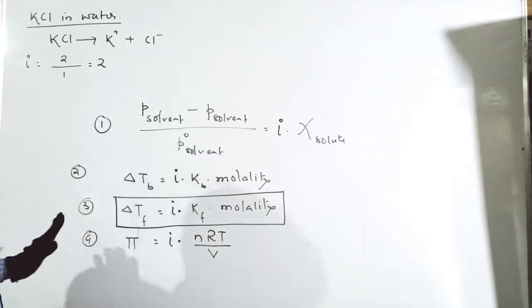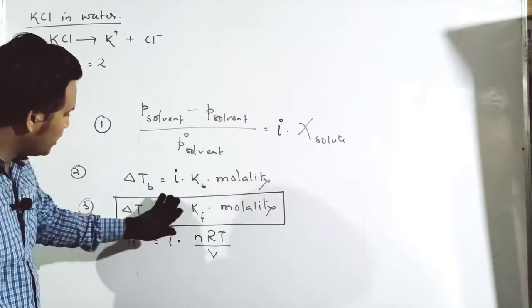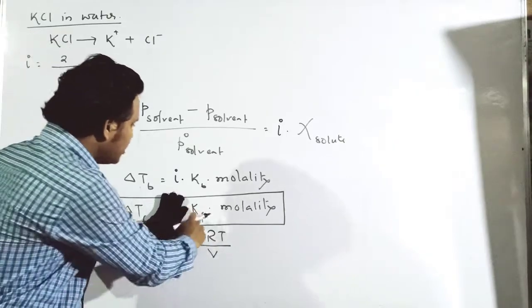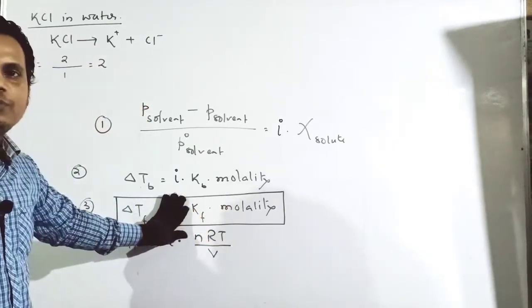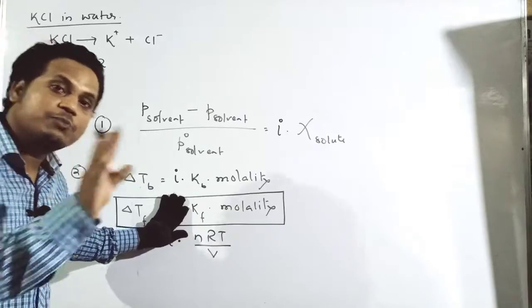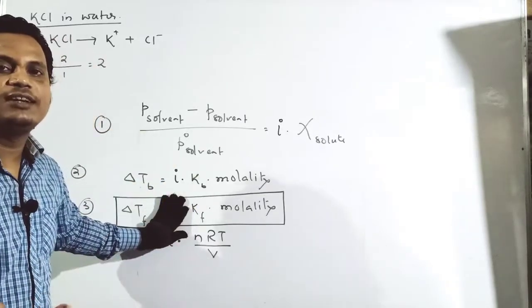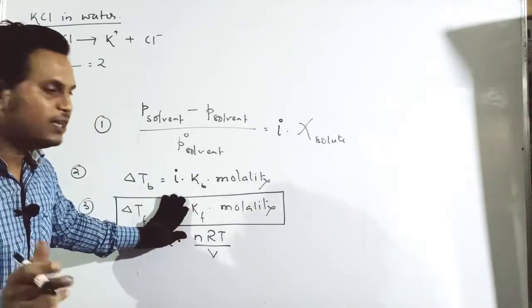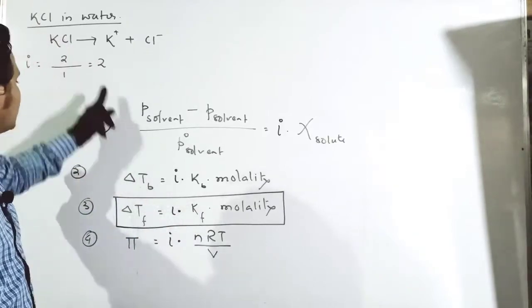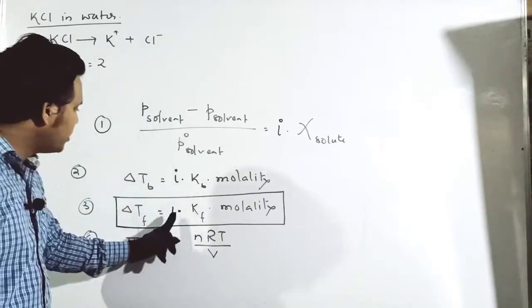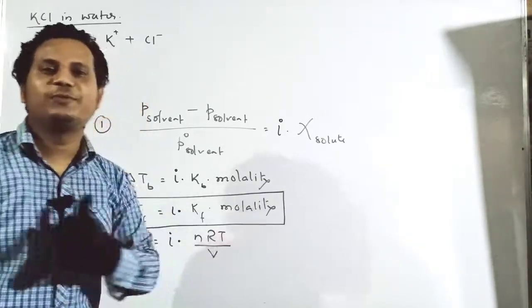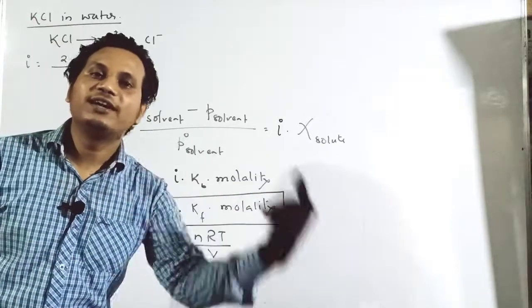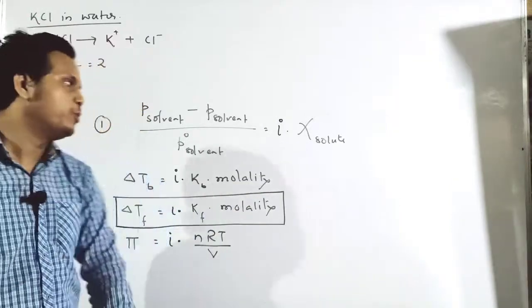So we have calculated without i, whatever value has come, 1.86, but experimentally it was found that it is double of that. Why? Because the i value is 2. So if you multiply it by 2 into this, then that will be double and that will be the correct one also.